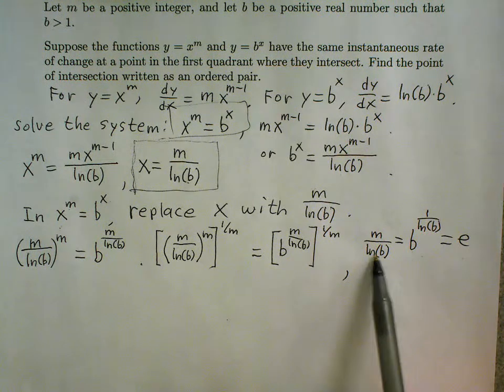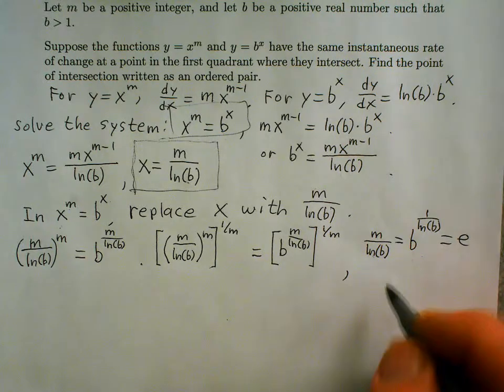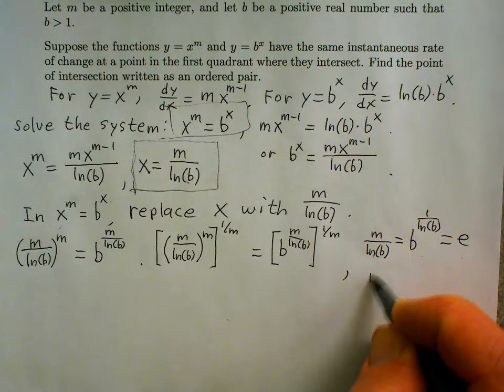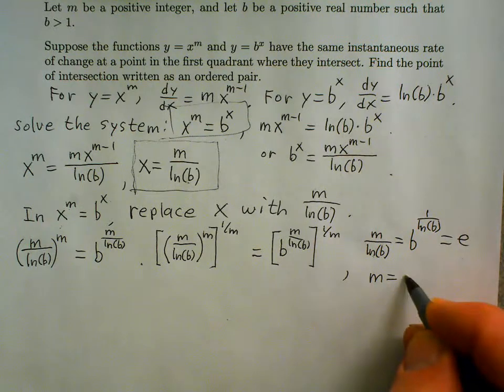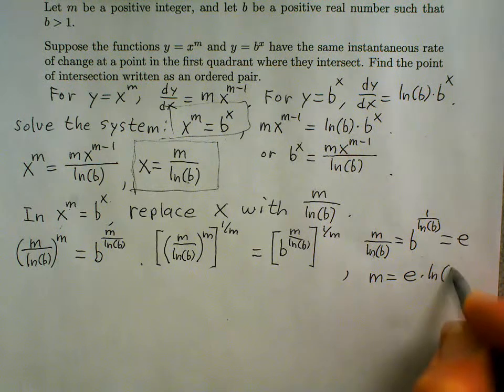And then if we solve this for m, we get m equals e times the natural log of b.